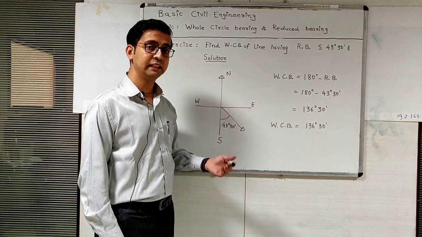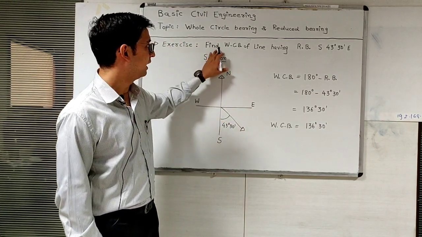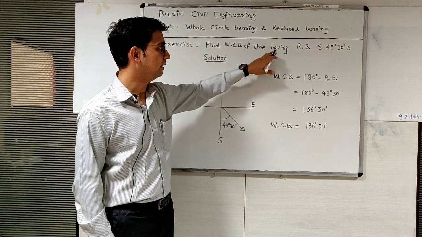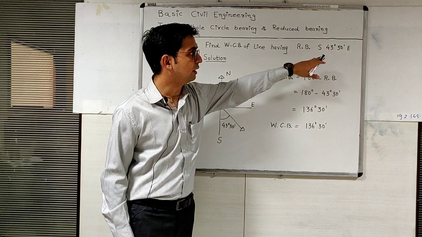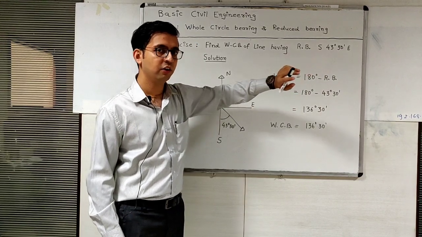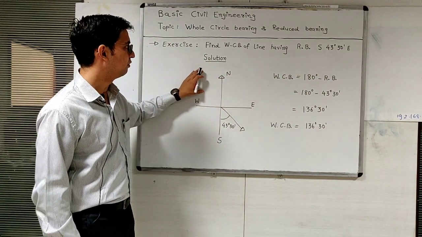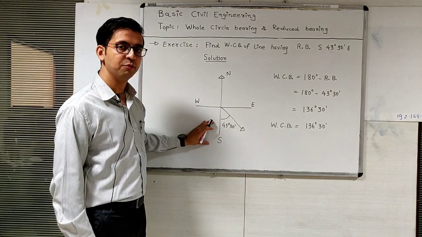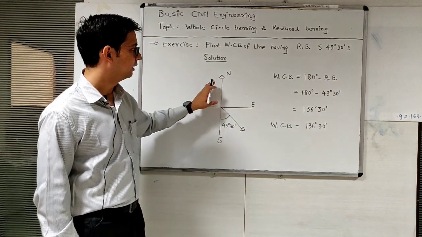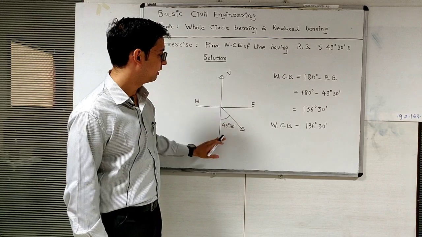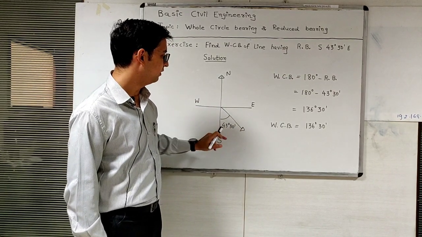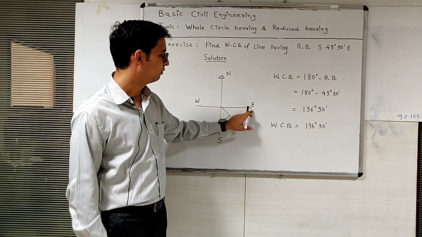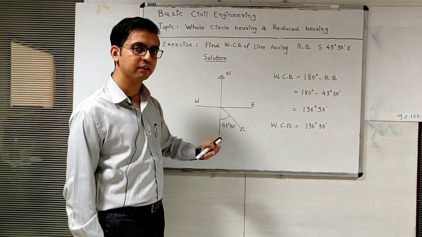So now the next example, in which we find the whole circle bearing of a line having reduced bearing South 43 degree 30 minutes towards East. To calculate the whole circle bearing, first of all indicate the reduced bearing. So for that, draw North, South, East, West and indicate this reduced bearing which is South 43 degree 30 minutes towards East.